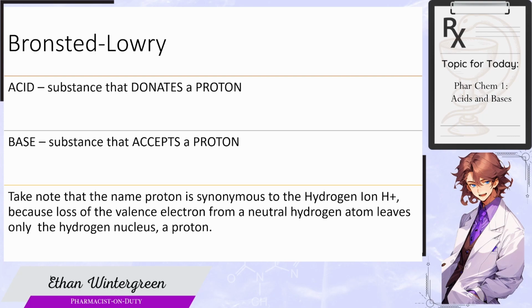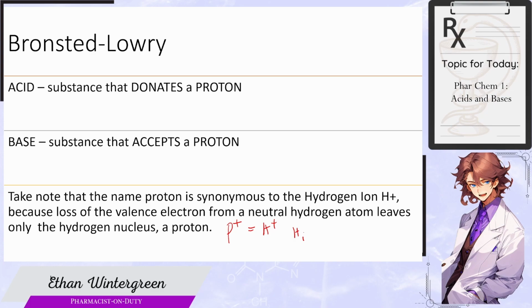We have our Bronsted-Lowry definition of an acid and a base. Acids and bases are described by how they interact with a proton. Please take note that for the Bronsted-Lowry definition, a proton is synonymous with hydrogen ion.